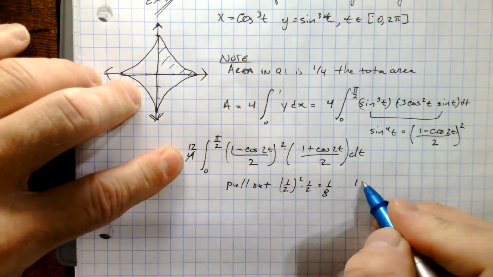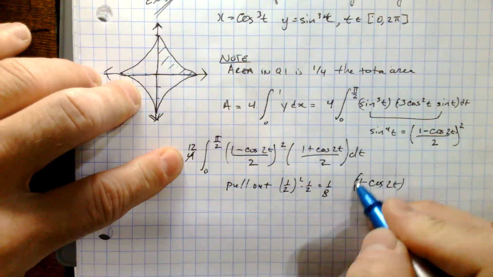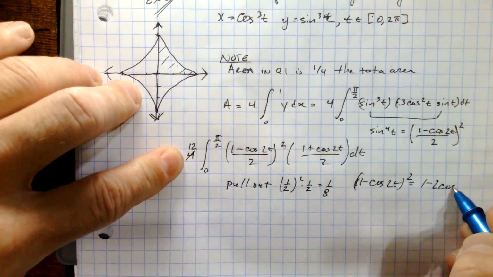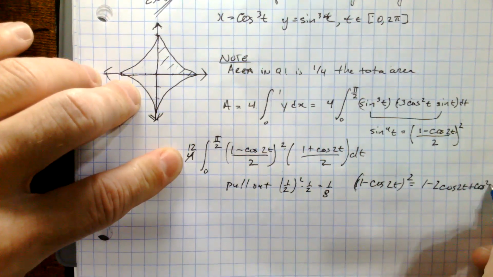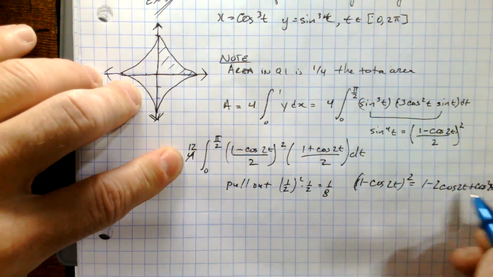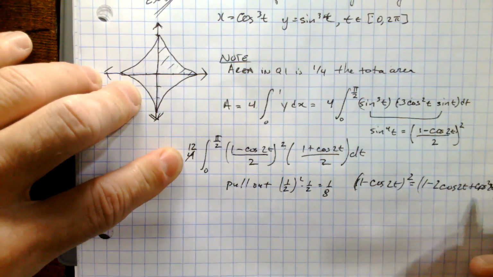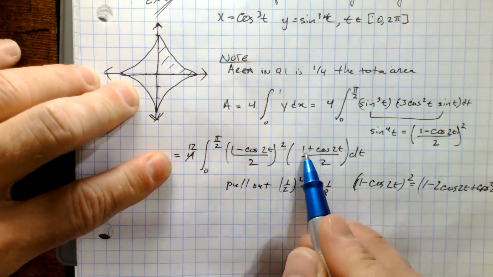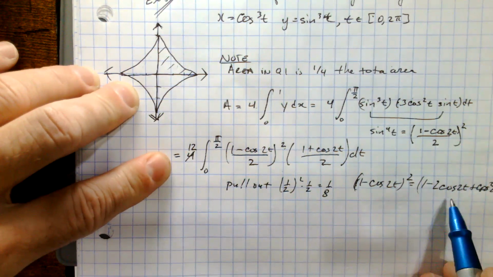And then (1 minus cosine 2t) squared is 1 minus 2 cosine 2t plus cosine squared 2t, which I can use power reduction on again if I need to. But let's go ahead and see. That means I'm then going to have 1 plus cosine 2t multiplied by all of this as well.